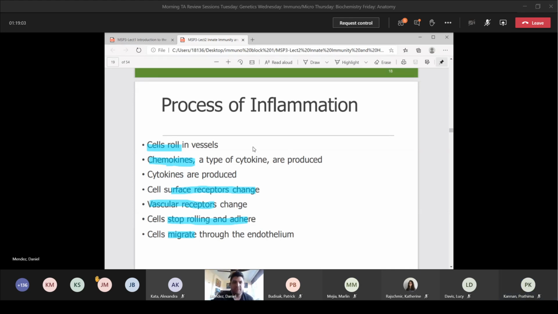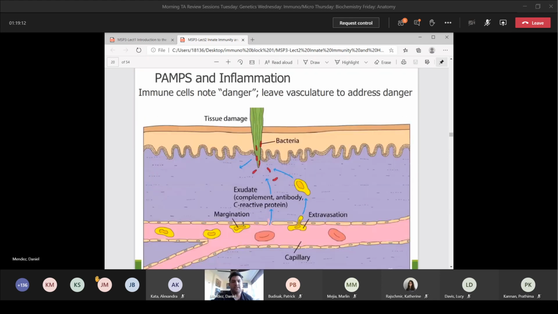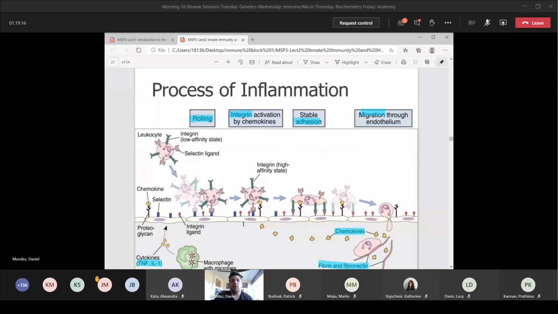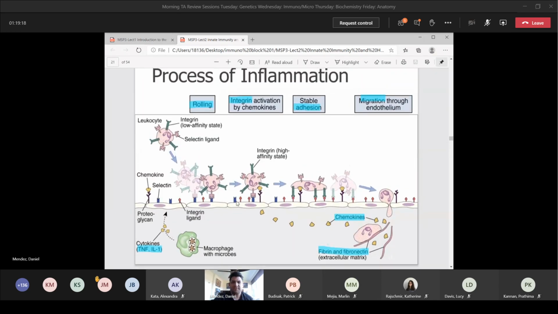So this process of inflammation, this list is pretty important, but I'm going to skip down to a diagram. She has a diagram here that explains the entire process much easier. Not this first one, but this second one on slide 21. This process of inflammation, you're going to have to know for multiple classes, and the very first process is rolling.